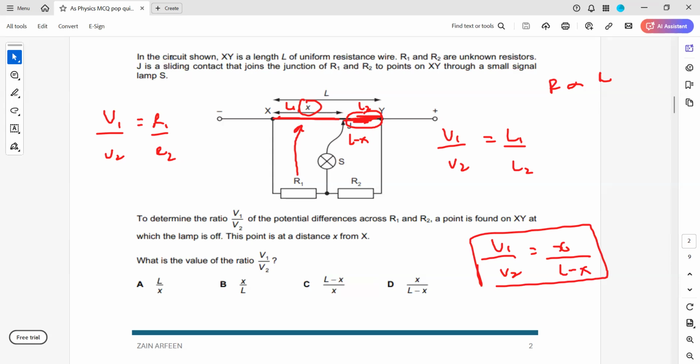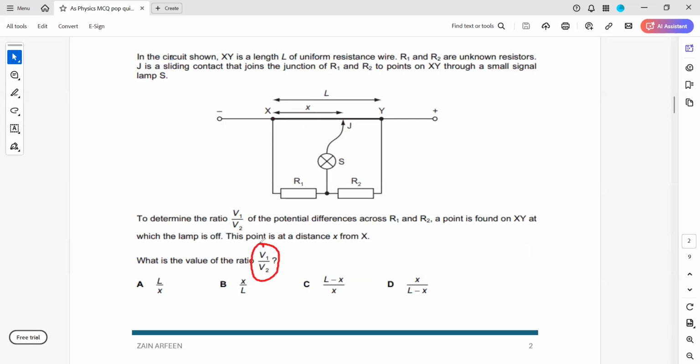Resistance is directly proportional to length. So the higher the length, the greater the resistance. We want a ratio between V1 and V2. So V1 over V2 will be equal to R1 over R2. And the resistance of R1 is the same as the resistance of this section, and the resistance of this section is directly proportional to length.